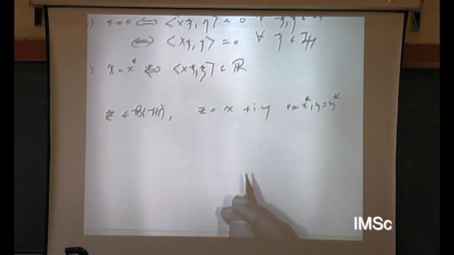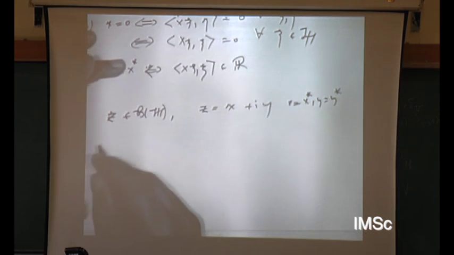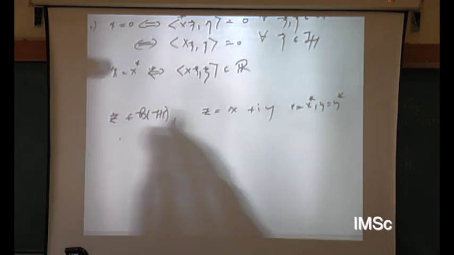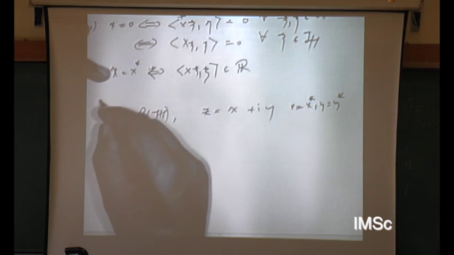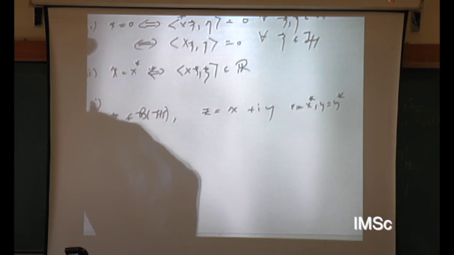Then I want to observe that the sesquilinear form of... see, one way is clear. So first observe, I'm proving one.